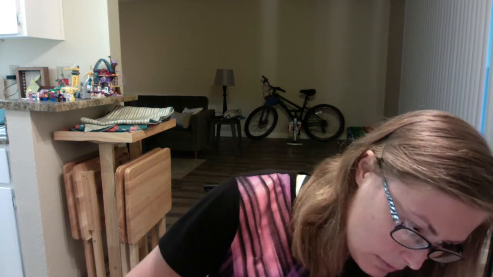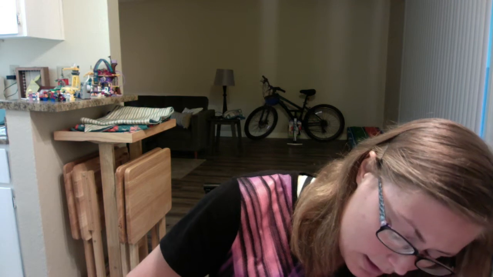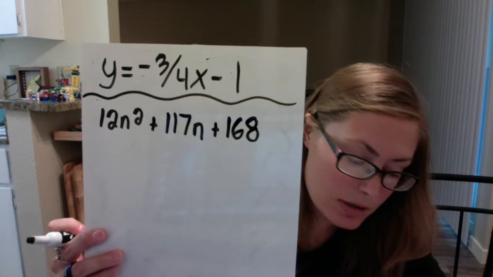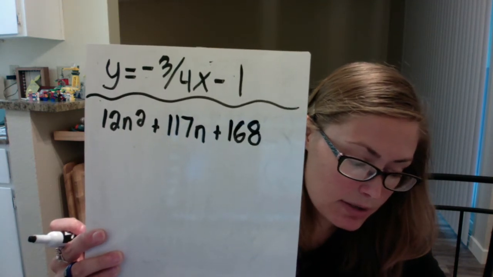Next one, factor completely. We have 12n squared plus 117n plus 168. First, we're going to take out a 3, so divide everything by 3.